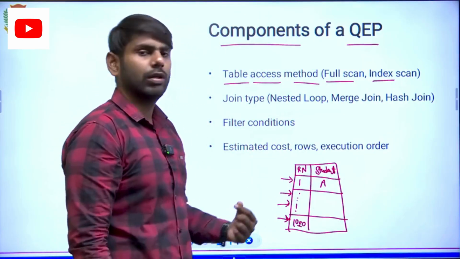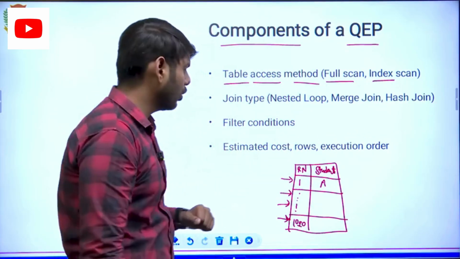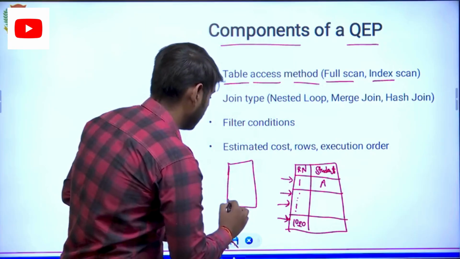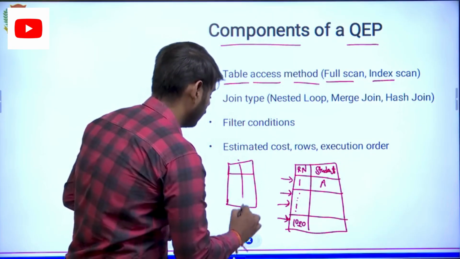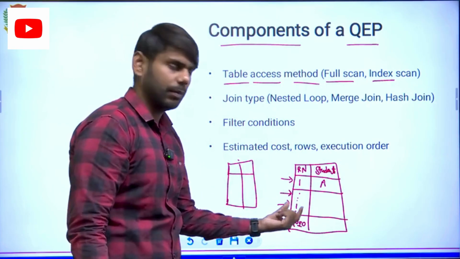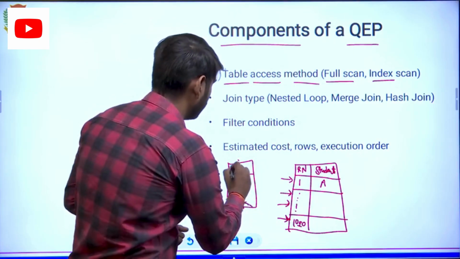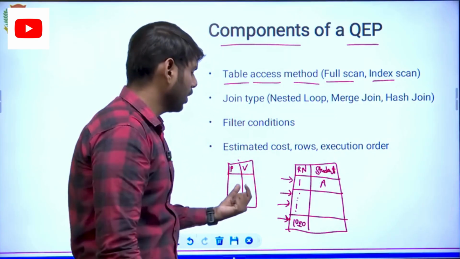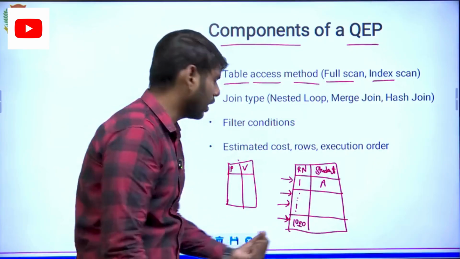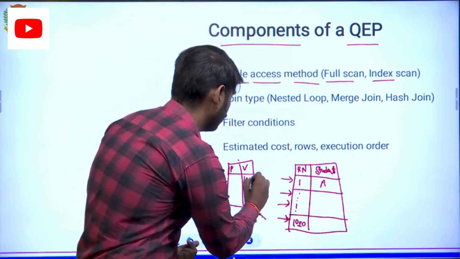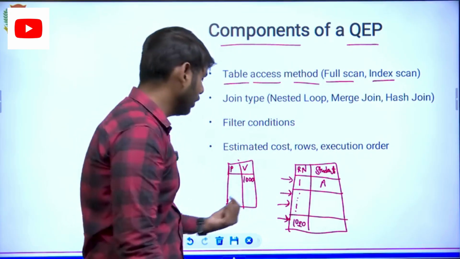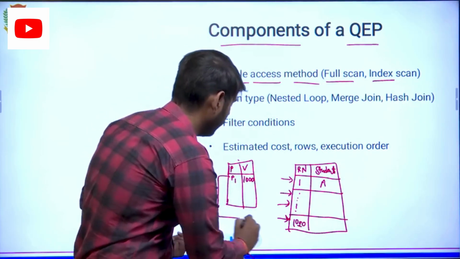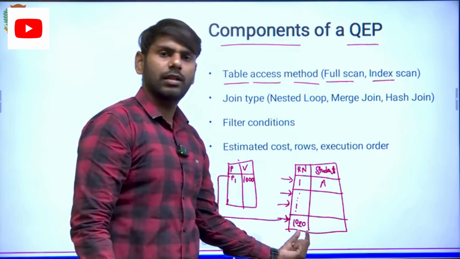But if you are talking about the index scan, what you will do is create another separate table for this particular table, and then create a pointer for it, and the value for it. For example, if you want to search for 1000, you will write the value 1000, and this pointer P1 will point to this row over here.